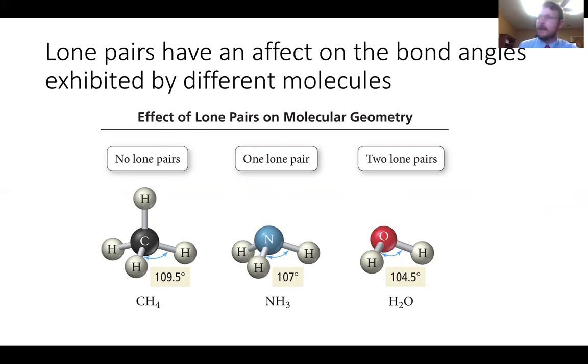NH3, ammonia, had one lone pair, but again, with molecular geometries, we don't use it for the shape. That's trigonal pyramidal, but look at the bond angles. It goes down to 107, and then water goes down to 104.5, and it's bent because it has two lone pairs. And so we just need to get comfortable looking at these things and figuring different things out.